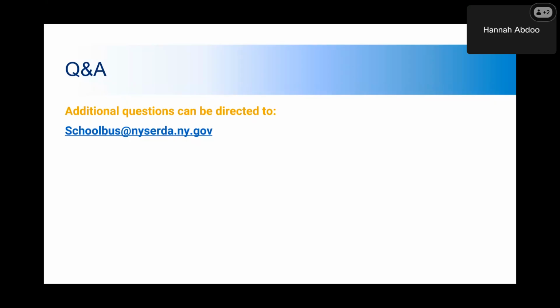Okay. The next question we got, my fleet electrification plan was already completed. How do I now go back to the vendor and add additional items to this, like the utility assessment? So I guess it's going to depend on how you did your electrification plan. If you did your electrification plan through NYSBIP, your plan should already include a utility assessment. Generally, we have found that electrification plans that have been done outside of NYSBIP may not have used the same scope as those that go through NYSBIP.